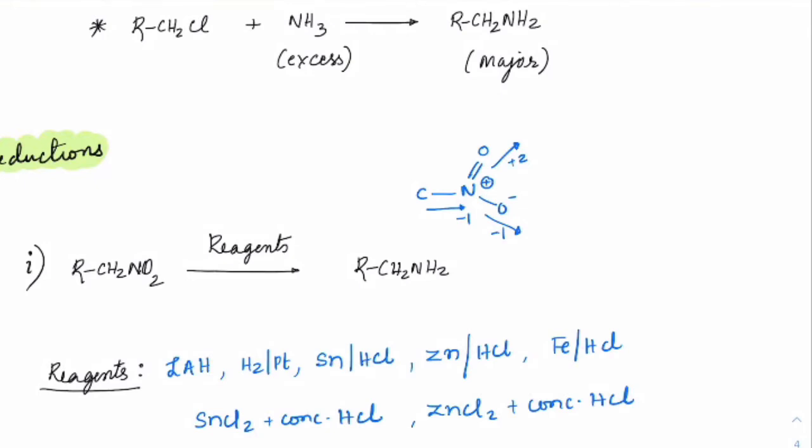Sorry, lose as in plus. So you can see it is +2. The total is +2, +1, -1, and also it has one charge on it. So total +3. So always remember, when you have a nitro group, an alkyl nitro group, its oxidation state is +3.